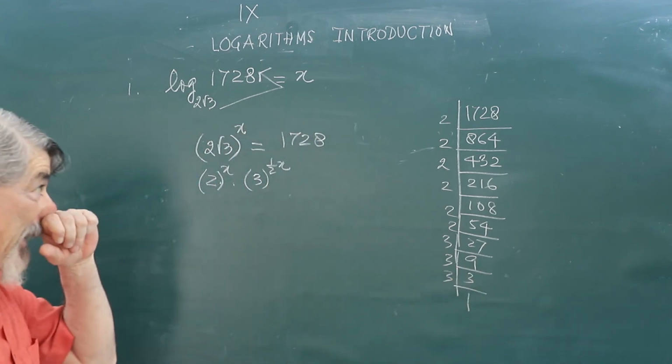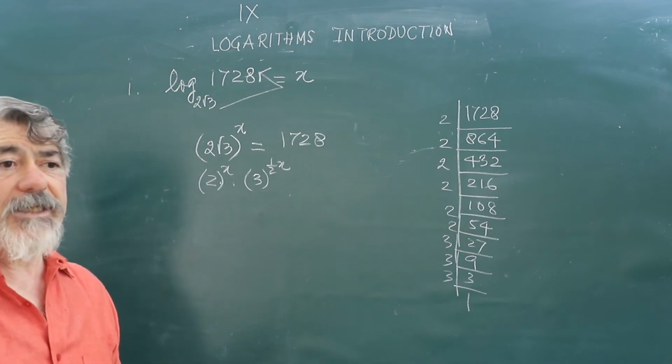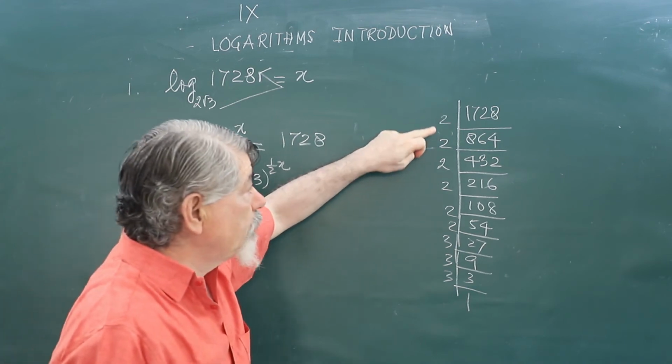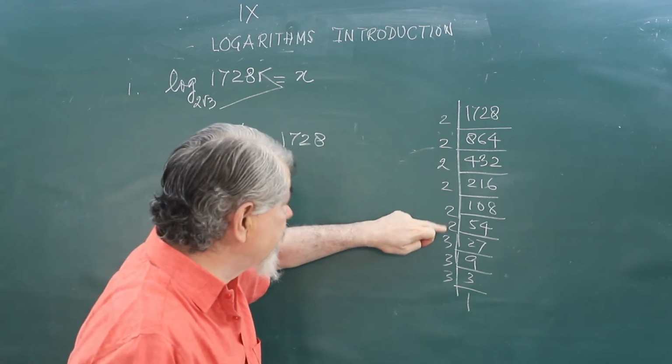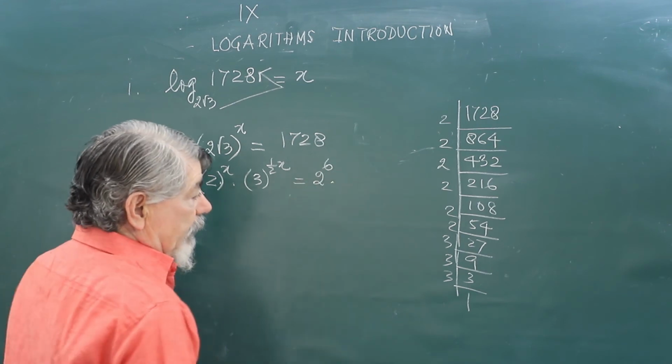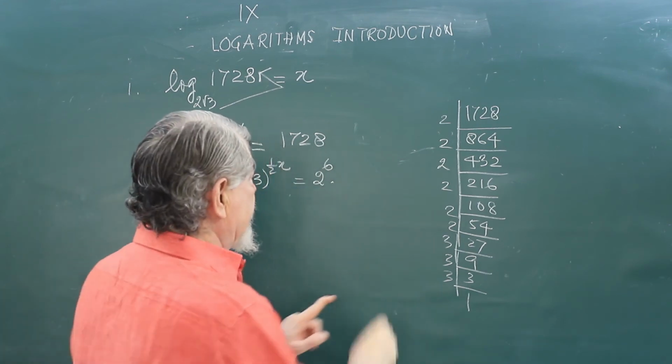So I have got the prime factors of 1728, as you do in HCF and LCM. 1, 2, 3, 4, 5, 6. So 2 to the power 6 and 3 to the power 3.